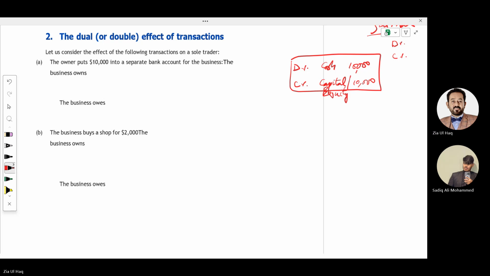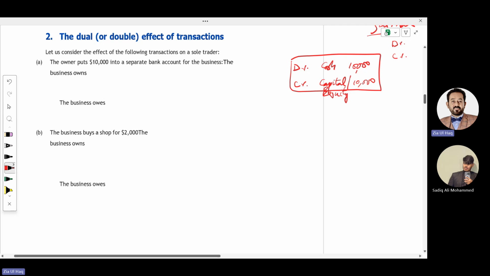Part B. We need to record this transaction. The business buys a shop for 2,000. What is a shop? An asset. So what will we record? The business buys for 2,000.